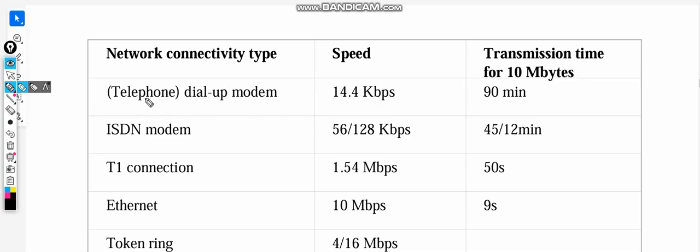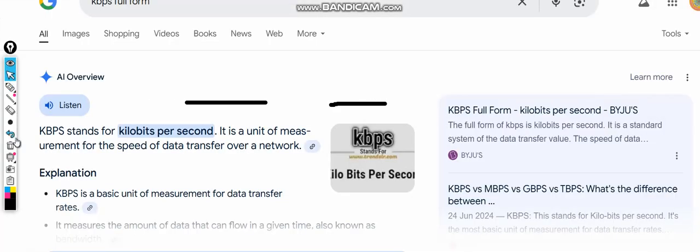Telephone, which uses a dial-up modem. The speed is 14.4 kbps. K means kilo, and kbps means kilobits per second.